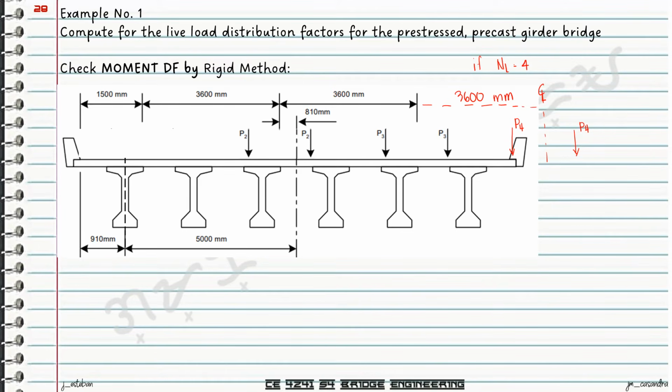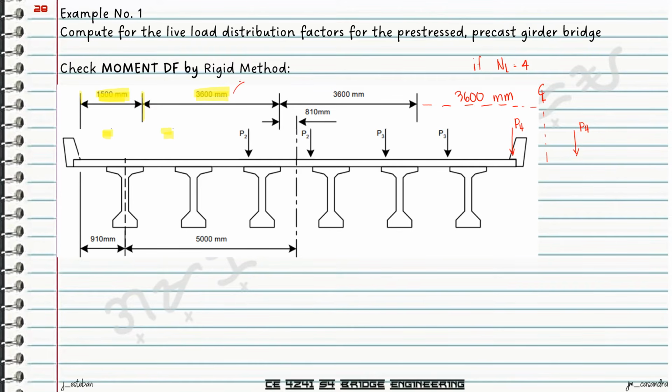from the edge of your roadway width, you will be measuring 1,500. And from this 1,500, this will be the center line of your first vehicle. And then 3,600 will be our usual lane width.